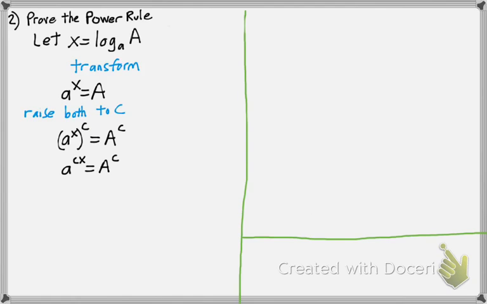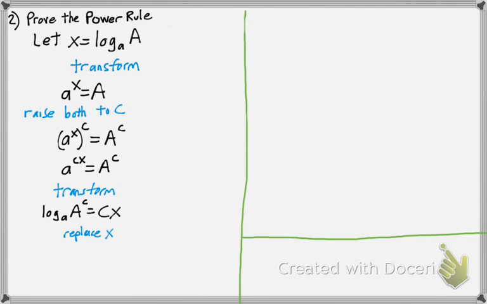Then we want to transform this back. And if we do that, then we're going to get log base A of capital A to the c is equal to cx. And then our last step is going to be to replace the x.